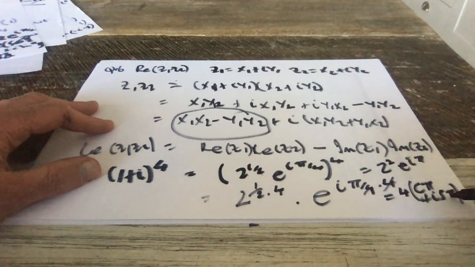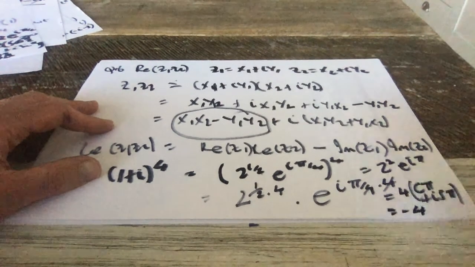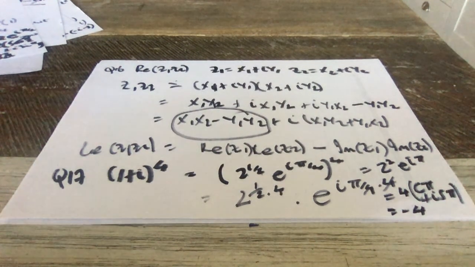Sine of pi is 0, as we all know, and cos pi is minus 1, so you just get minus 4.